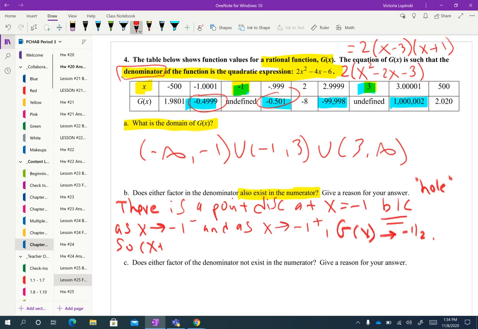So x plus 1 must be a factor of the numerator and the denominator.